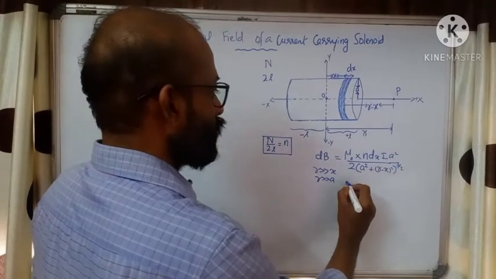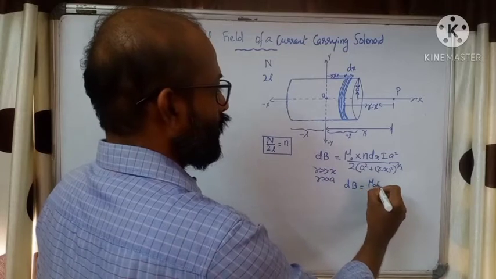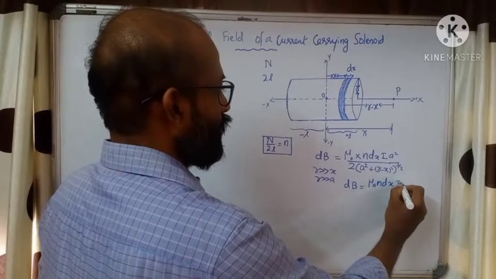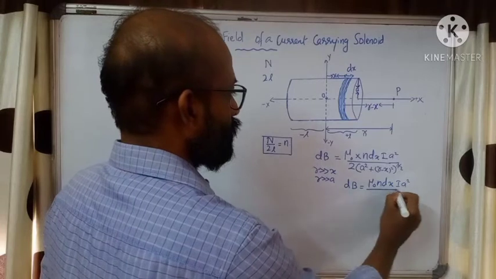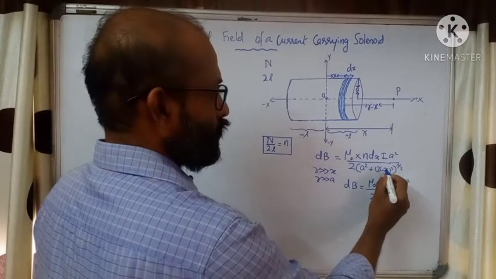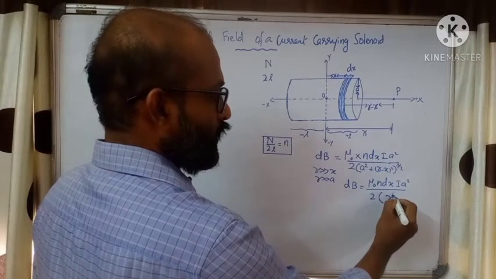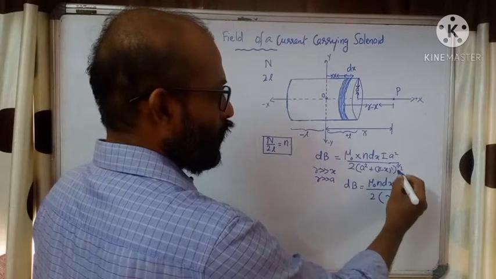So what will be the equation now? The equation now will transform as mu 0 n dx I a square by 2 into, we neglect this a square, then x also we neglect. What is left here? r only is left, but there is a square outside, r square. Then the whole is raised to 3 by 2.